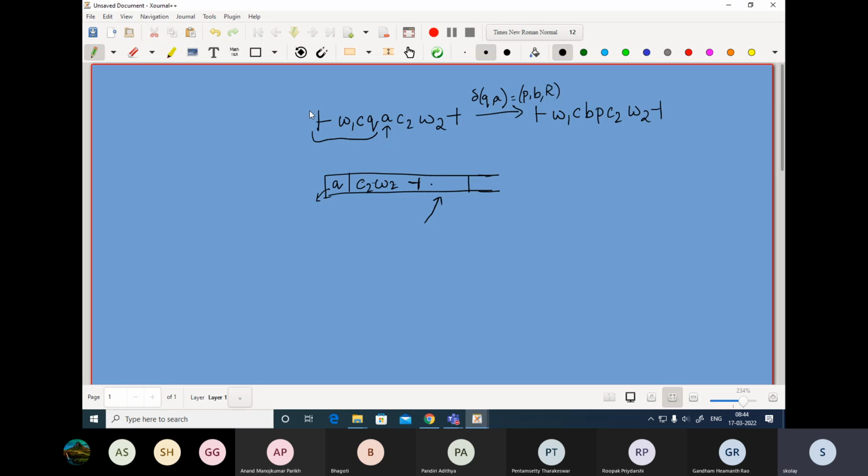So instead of looking at the Turing machine as left to right, we are looking at it in a circular fashion. If I'm reading A, I read everything after A, which is C2, W2, right hand marker. Then you go to the left and you read everything from the left hand marker, W1, CQ. Now I have to remember these last two things.